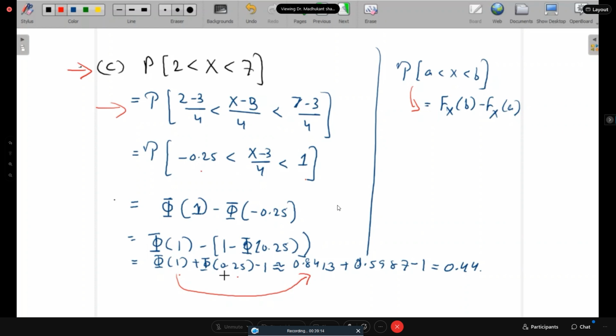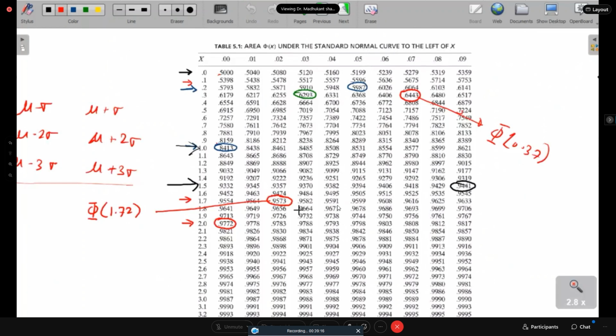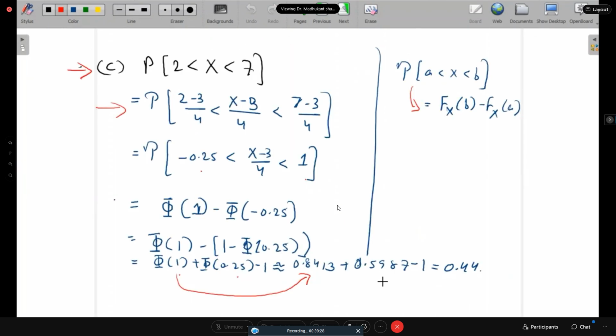Now for 0.25, so 0.2 plus 0.05, it's going to be 0.5987. Okay, so 0.5987 here, and minus 1 is going to be approximately 0.44. Okay, right.